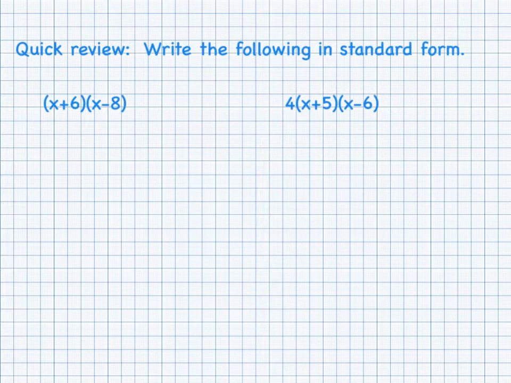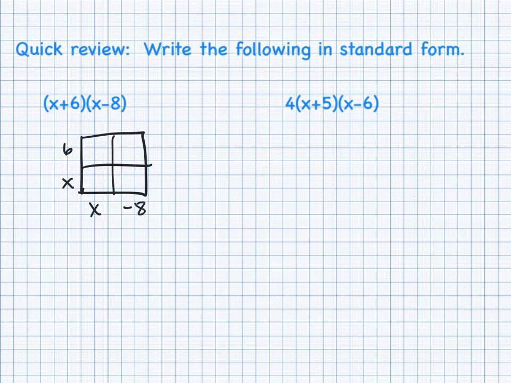All right, so writing these in standard form, we're multiplying them out. I'm going to use the box because it's going to be easier. If you're watching this video for the first time, I would suggest that you pause it and try to do these by yourself, and then unpause and go over them. So x squared, 6x, negative 8x, and negative 48.